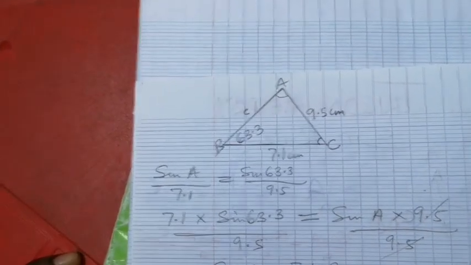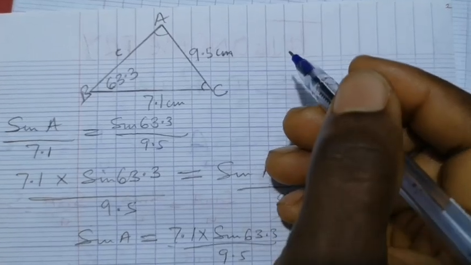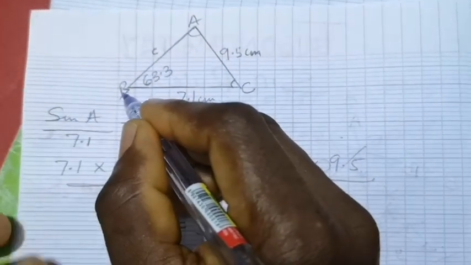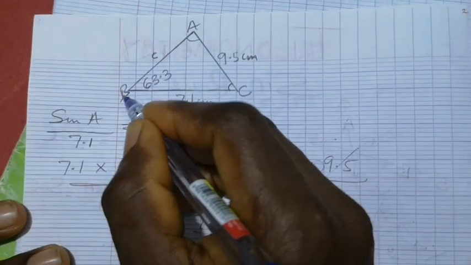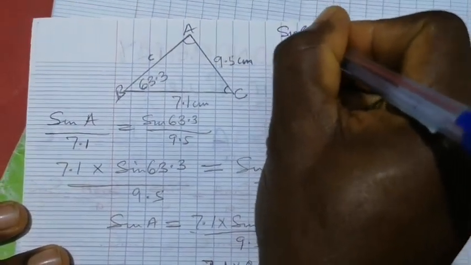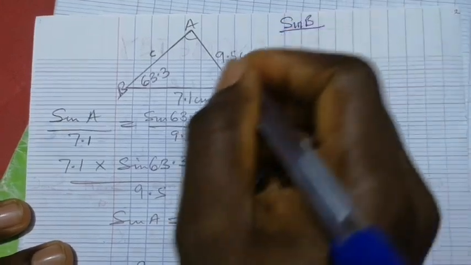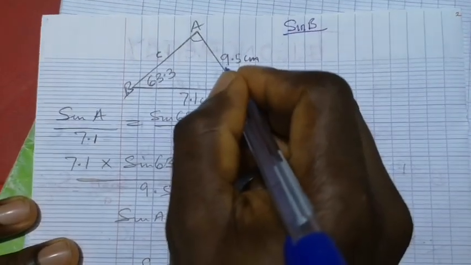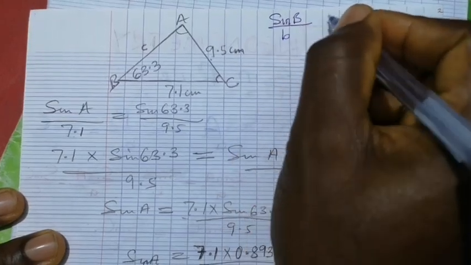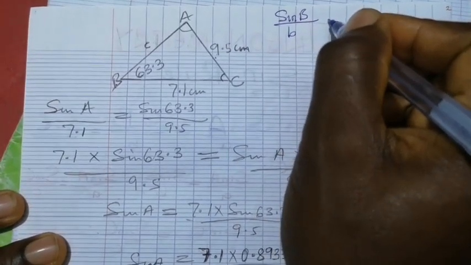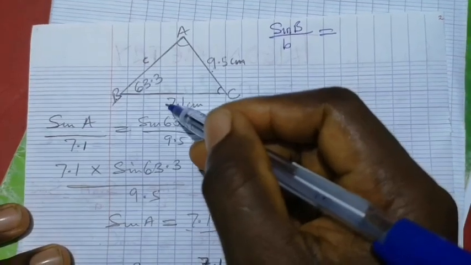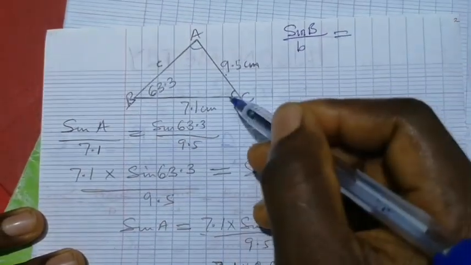So we have angle B, so we say sine B all over small letter b. Then we will compare it with any other side that is given.